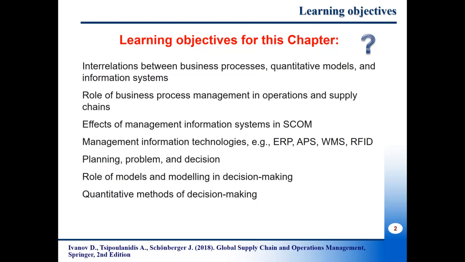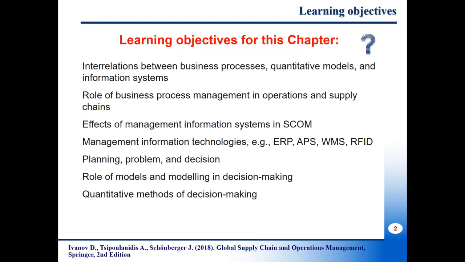So first we need to understand what a process is, and what a business process is, and what qualitative models can be used to formulate those business processes, and what information systems can operationalize those quantitative models of business processes. The second objective is to find the role of business process management in operations and supply chains.